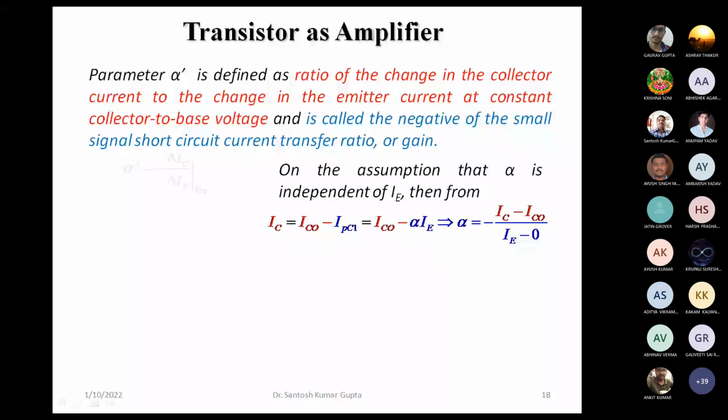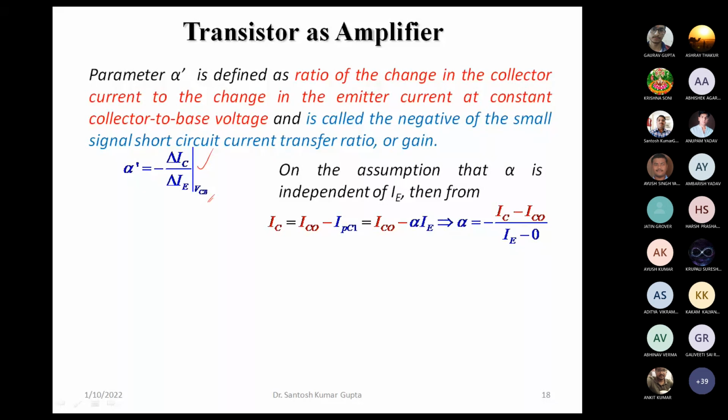So alpha dash is defined like this here. For a given BJT, the ratio of the change in the collector current to a change in the emitter current is defined as alpha dash.